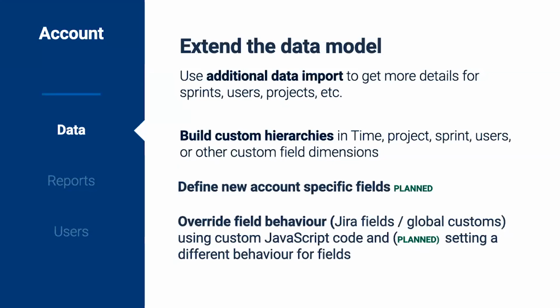So that currently you can define a field either in advanced settings or use one from Jira, and then you can use JavaScript code to change the values or how it behaves, especially if it is a custom field JavaScript built for general purposes. You can, for example, adjust it for account specific needs. And with the new updates, it will be even more, so that you can change the behavior of Jira fields as well, using a different data type, different import options.